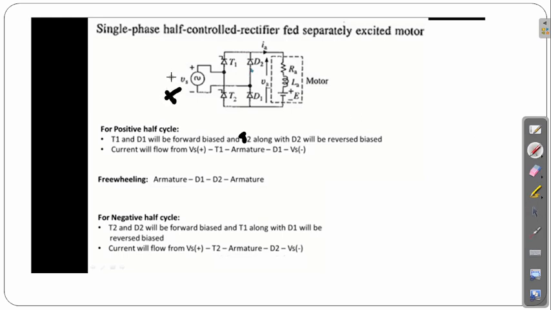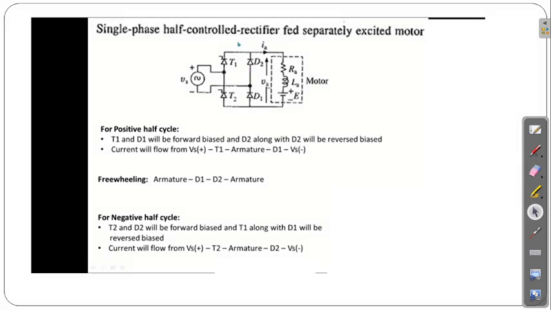Vs positive is here, then negative will be here. Then the current flows through T2, armature and D1. Likewise, for the reverse bias case, the current will flow according to that path. This is the single phase half controlled rectifier circuit.